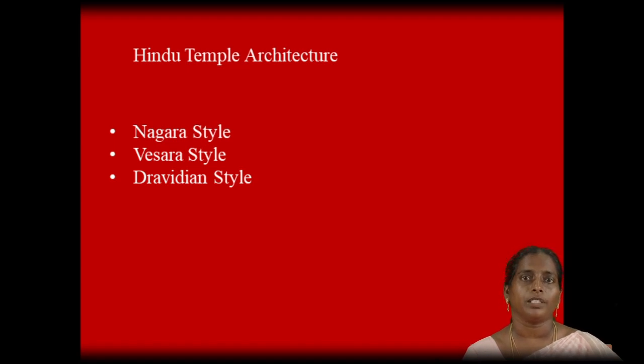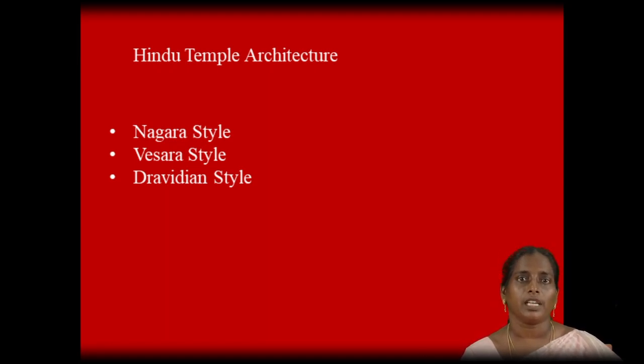Hindu temple architecture is divided into three types: Nagara style, Vesara style and Dravidian style. Most of the northern group of temples is called Nagara style. The central Indian temples are called Vesara style, and the southern region temples are called Dravidian style.